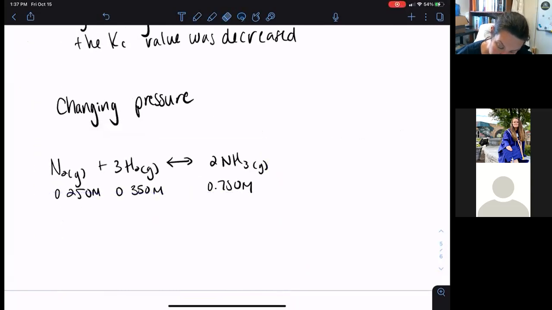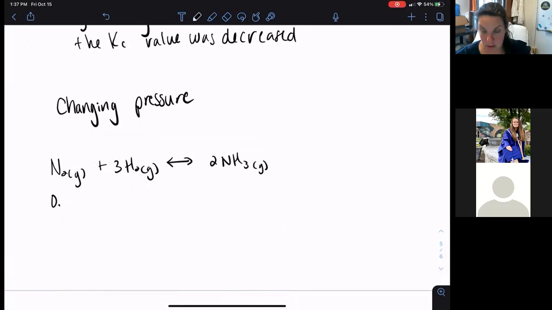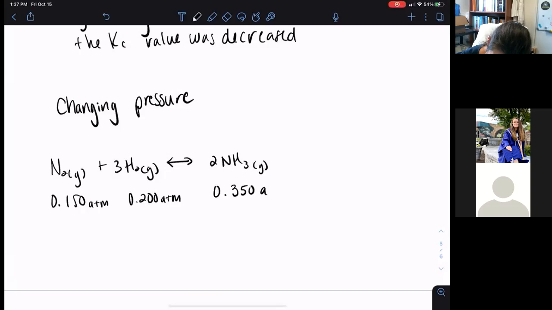Now we're going to go with partial pressures instead. So let's say we're at 0.150 atmospheres, 0.200 atmospheres, and 0.350 atmospheres. Now let's say that this is at equilibrium.